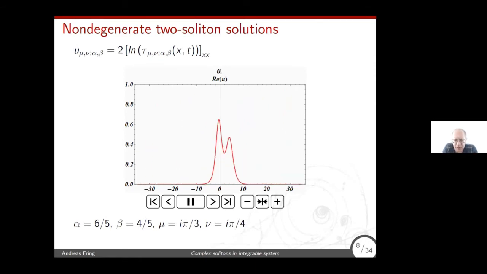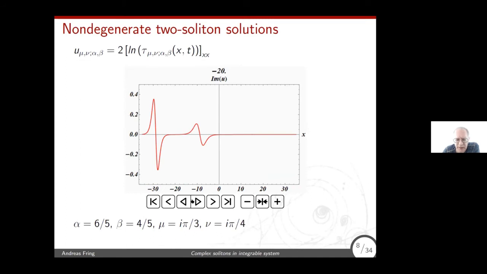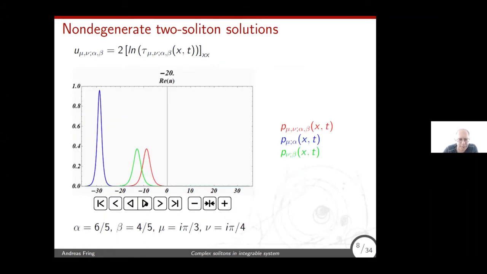There are two solitons, one faster than the other. They scatter, one overtaking the other. A similar behavior we can also observe for the imaginary part. This is a complex soliton, not to forget. And we have this kind of scattering. After the scattering, the soliton regains its shape. That's the key definition, in fact, of a soliton.